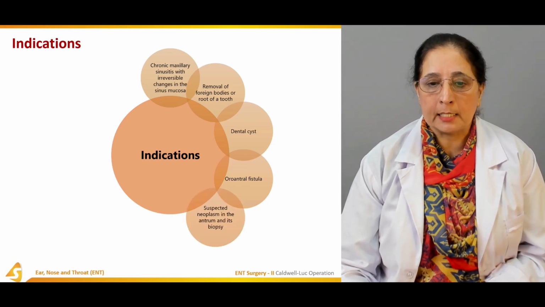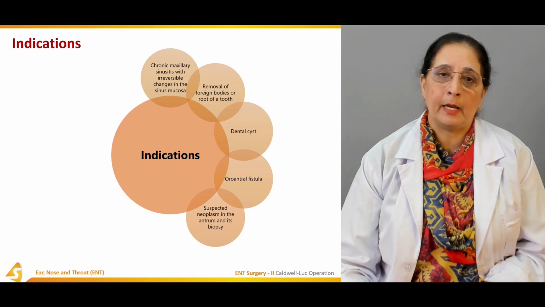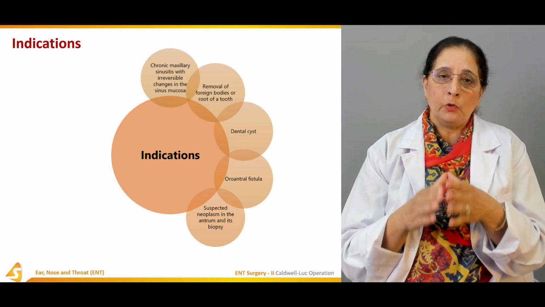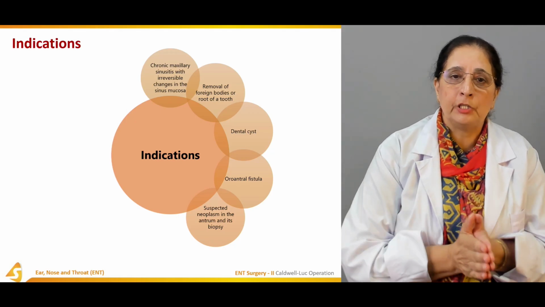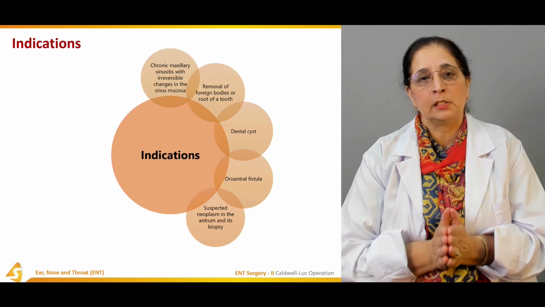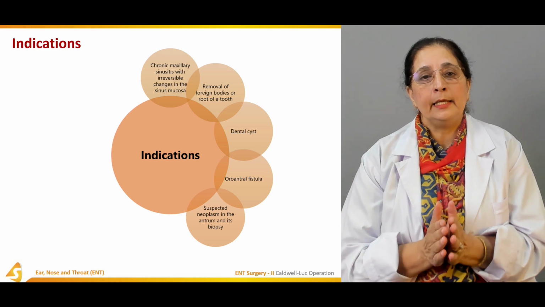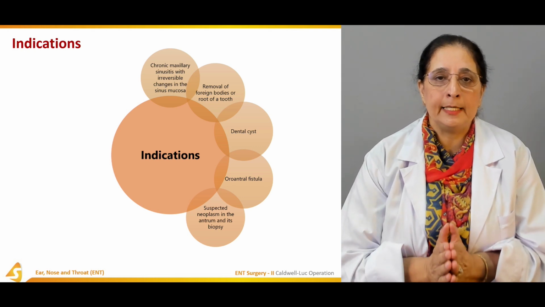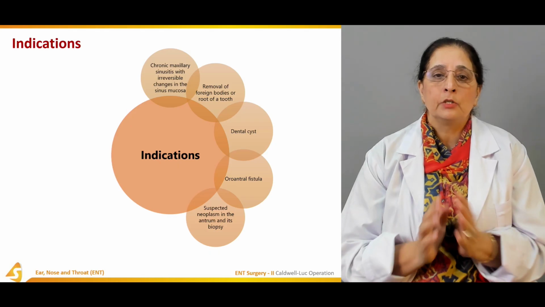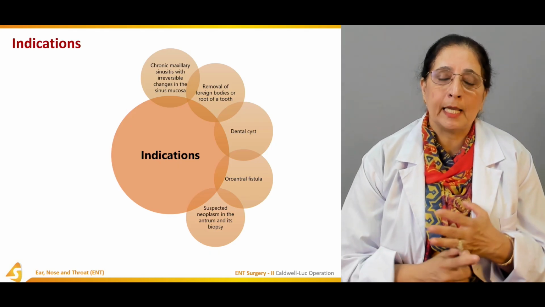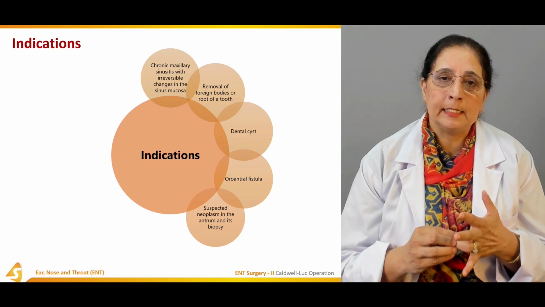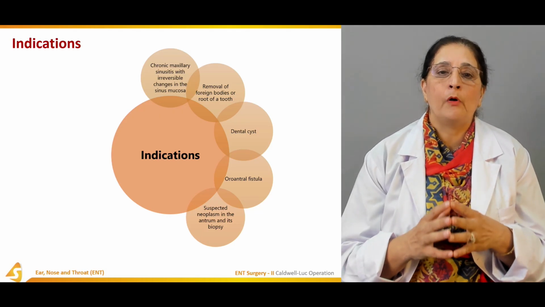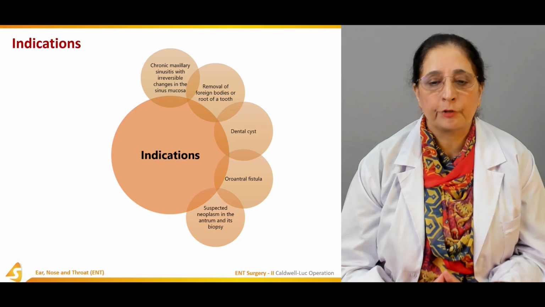Suspected neoplasm in the antrum and its biopsy. So now you know that conditions which are contraindications for inferior antrostomy are indications for anterior antrostomy. If there are changes in the sinus mucosa or suspected malignancy, we can perform anterior antrostomy.